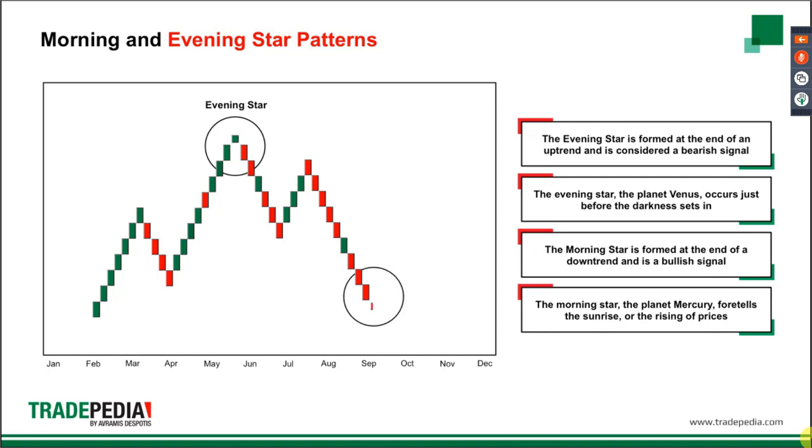At the end of the downtrend, you have one bearish candle and then the next candle forms a small body. It can be any color. And the third candlestick is a green body. It closes well into the large red candle body. So this is the morning star and it signals reversal.